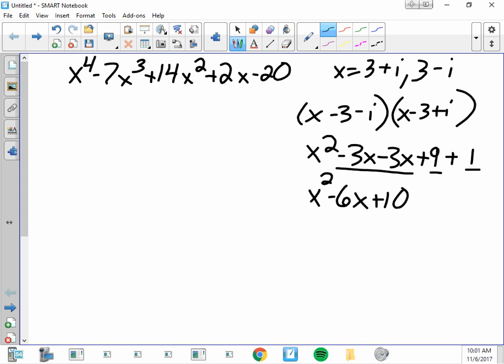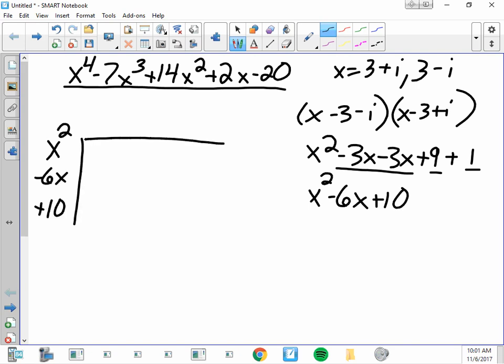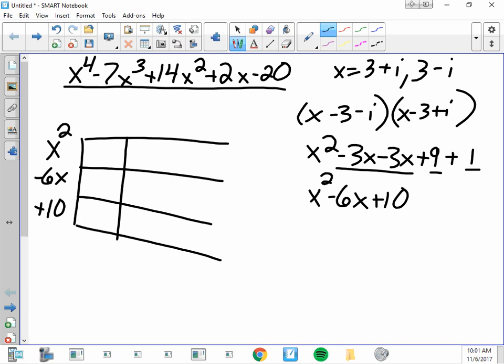Now what? Now I use long division to simplify this into a quadratic. X squared minus 6x plus 10. This is x to the fourth, x squared minus 6x to the third, and then 10x squared.